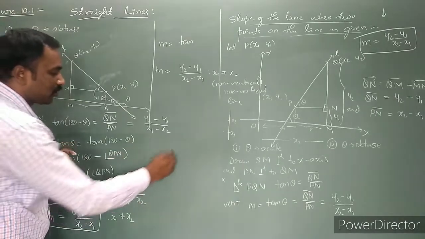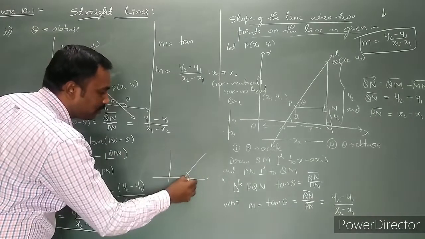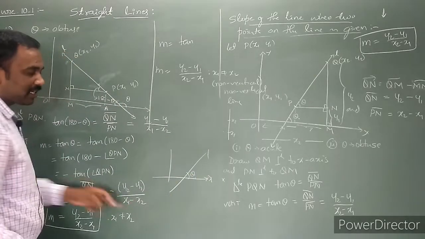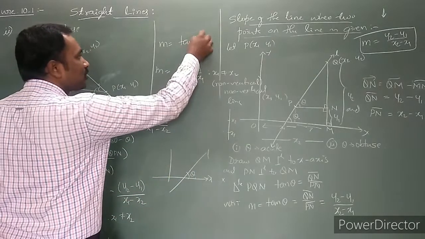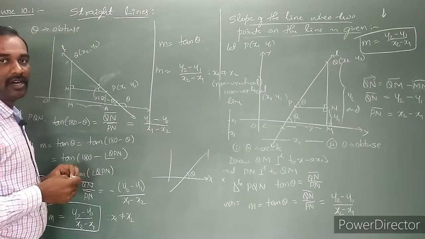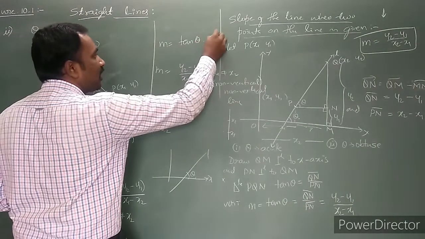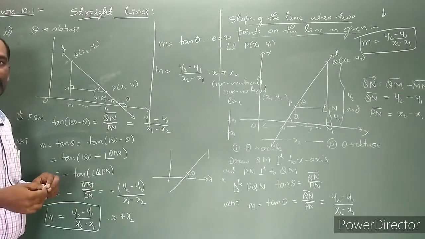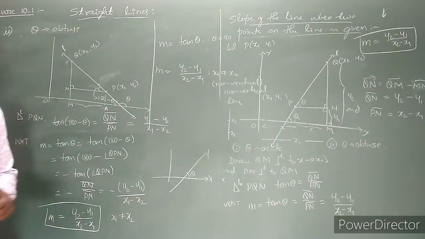And whenever the angle between the line and the x-axis is given, in that case the slope of the line is m equal to tan theta, provided theta is not equal to 90 degrees.